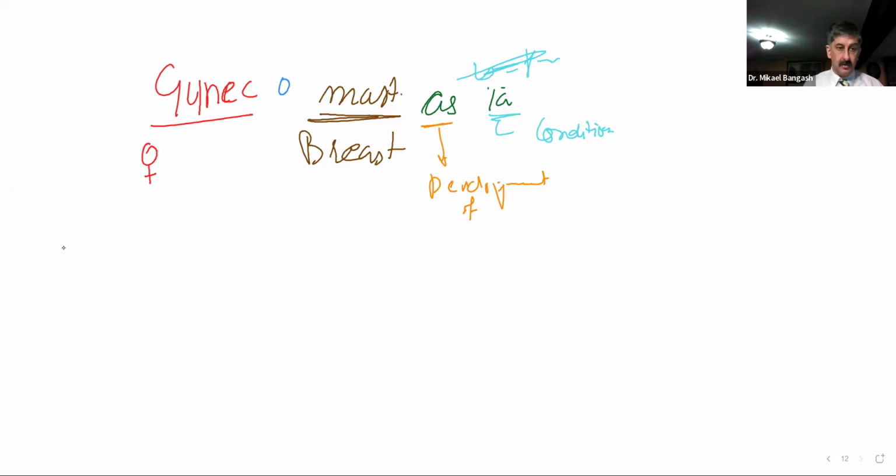It is pretty much when a male develops breasts that look like the female breast. And some of you may be asking, how in the blue world does that happen?